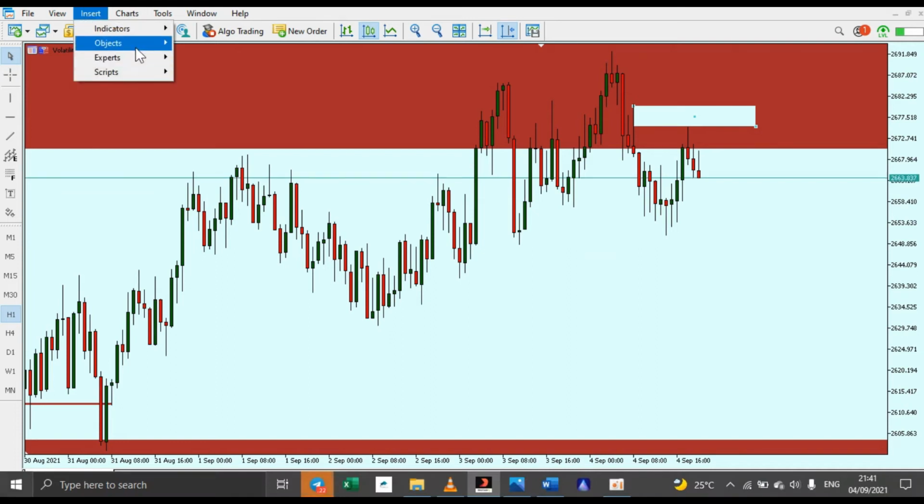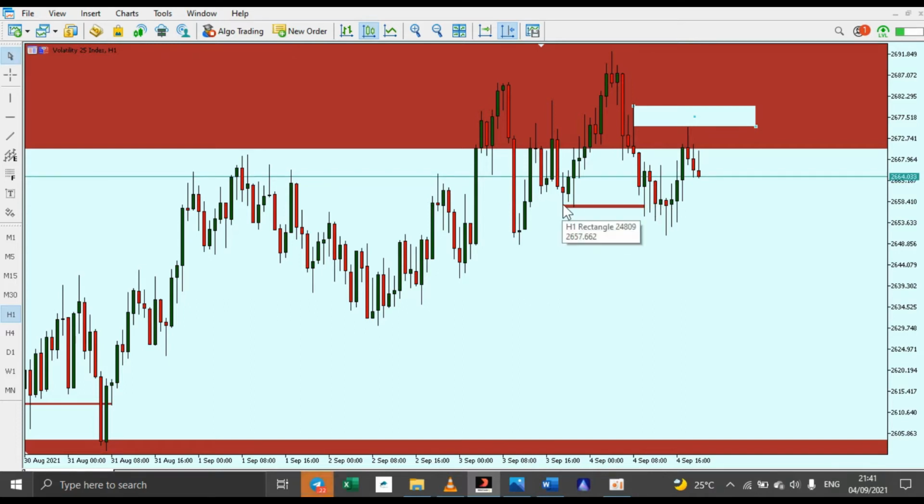We can see this break of market structure, although it was broken by wicks. This lower high was broken by wicks, came back to this support level, then went back to retest this. We have another block there.